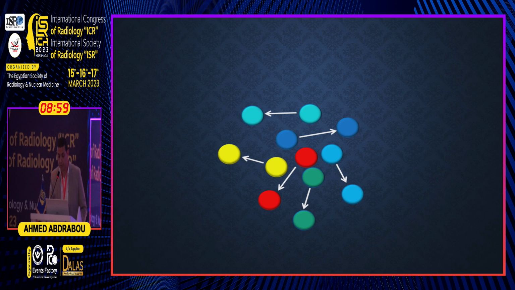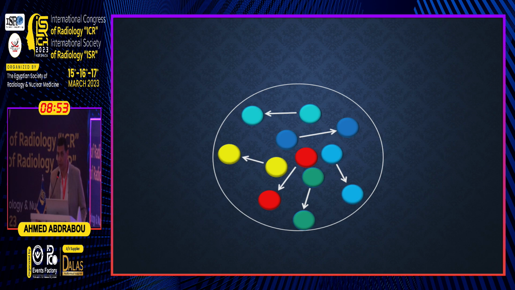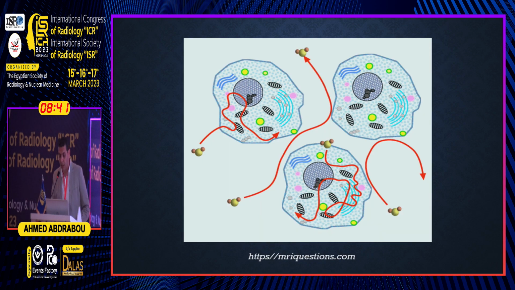And we can represent this movement by a circle, which means that this diffusion has no preferred direction, but it is free. So any molecule of water can move anywhere inside this circle at a certain moment. We call this type of diffusion isotropic diffusion. An example of isotropic diffusion is the extracellular space, where the molecules of water can move freely between the cells.